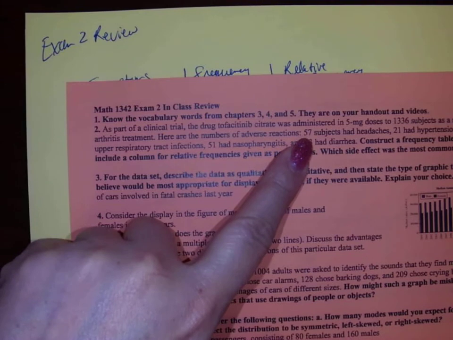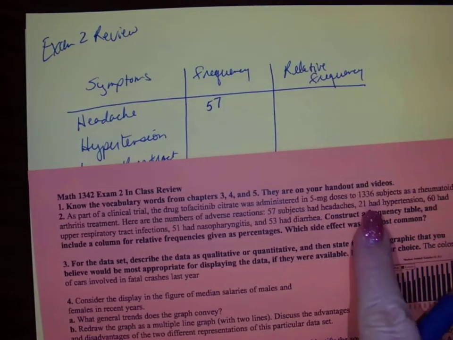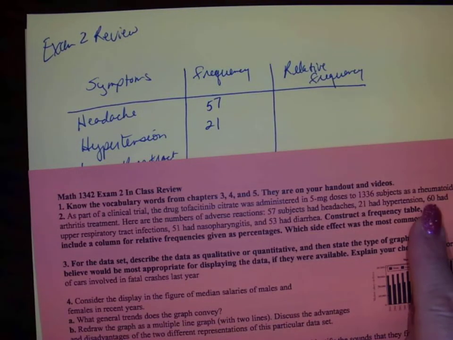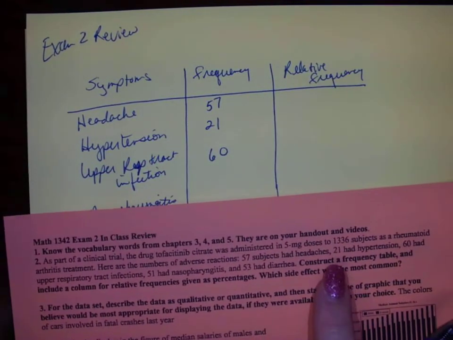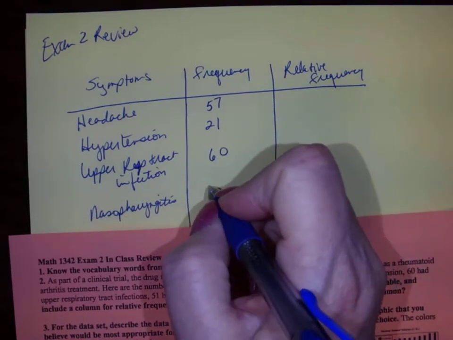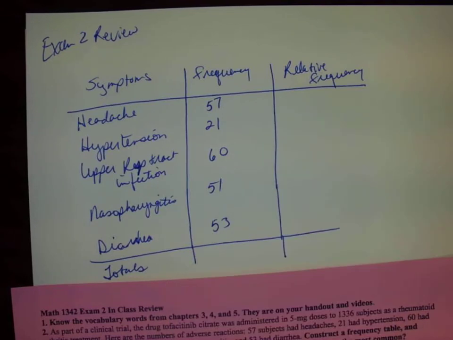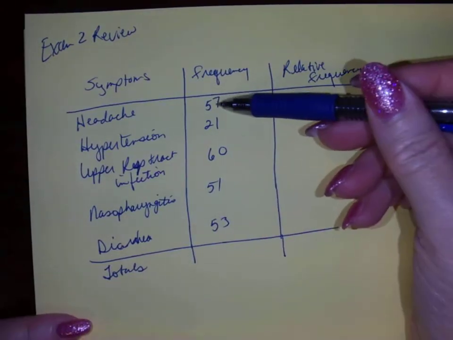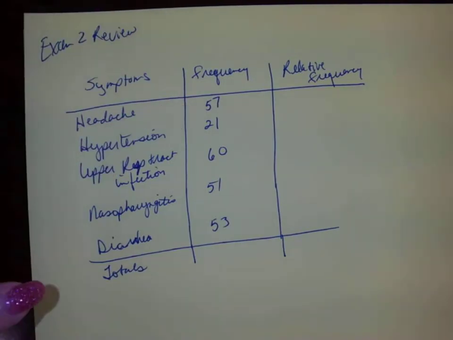First thing we had was 57 had headaches. Second one is 21 had hypertension. Then 60 had the upper respiratory tract infections. 51 had nasopharyngitis. And 53 had diarrhea. All right, when I add these up, I need to make sure how many of them did we have?